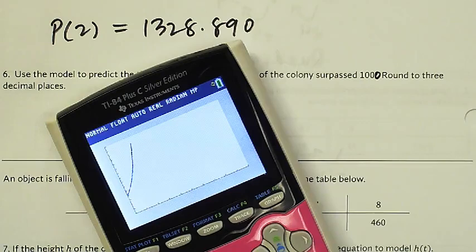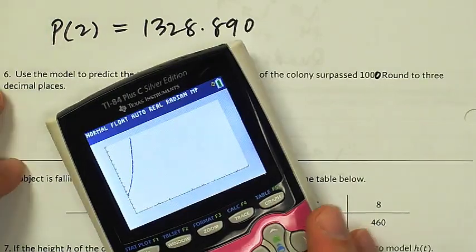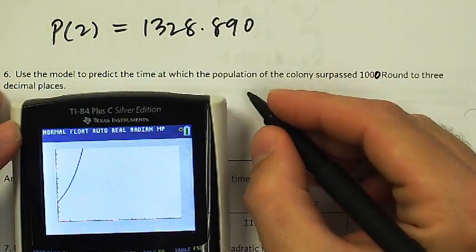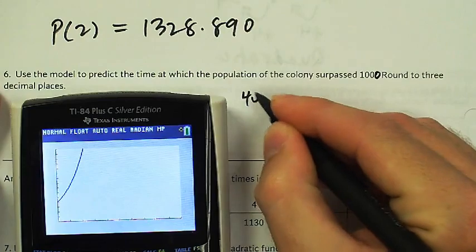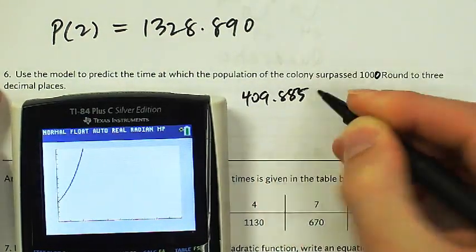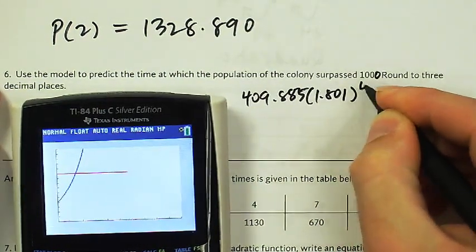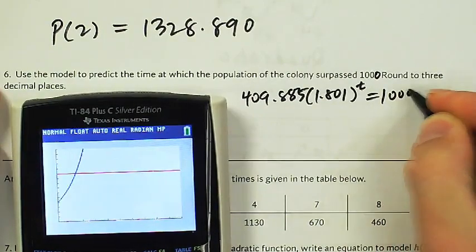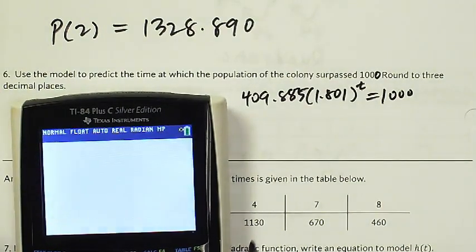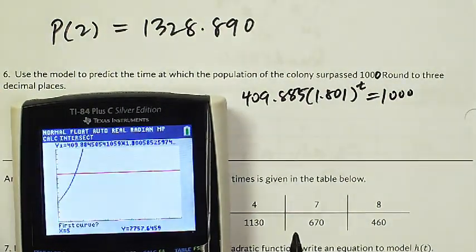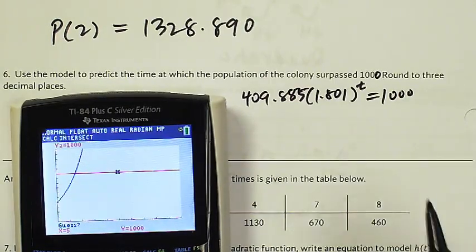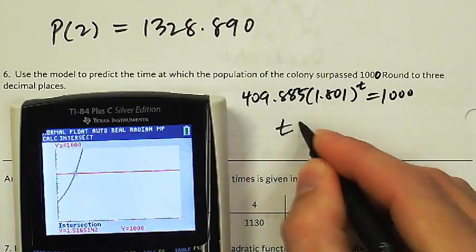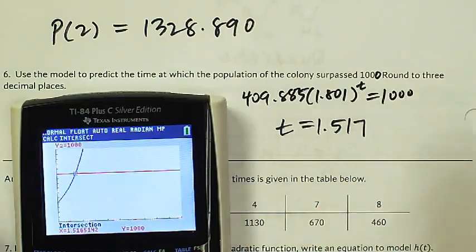We're going to see where the two curves intersect, and that will give us the value of t that makes this true. So what I'm solving here is 409.885 times 1.801 to the t equals 1,000. Then we calculate the intersection between blue and red, give it a guess, and we get t equals 1.517.